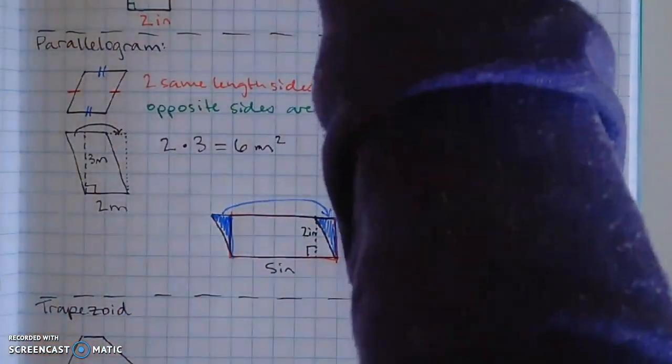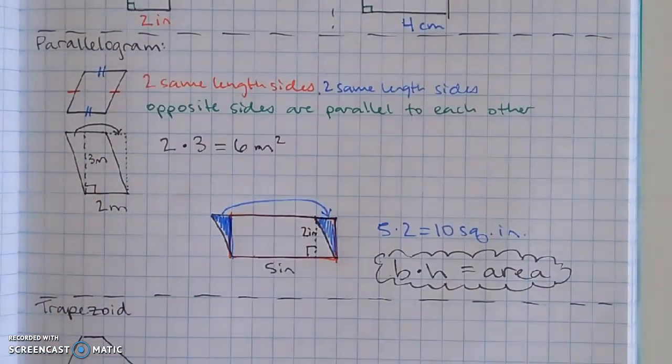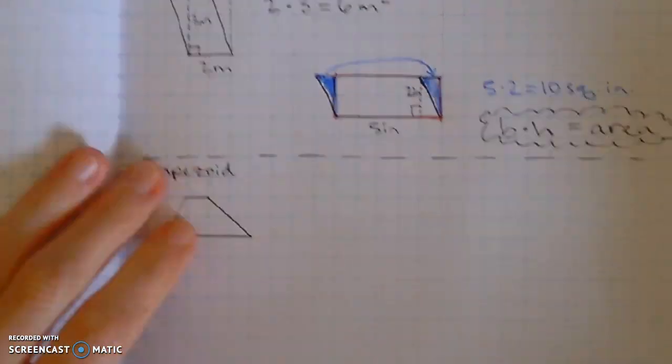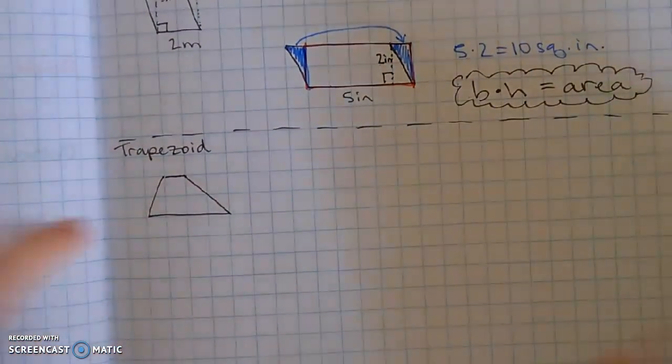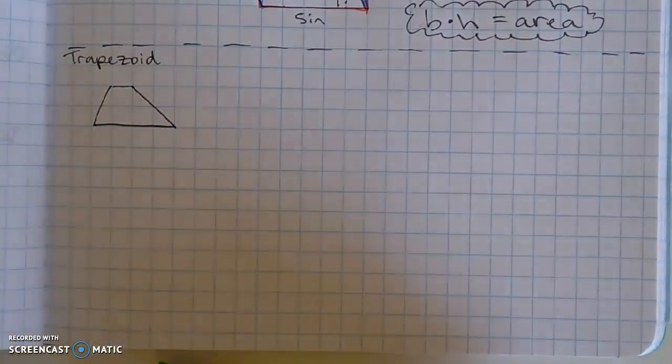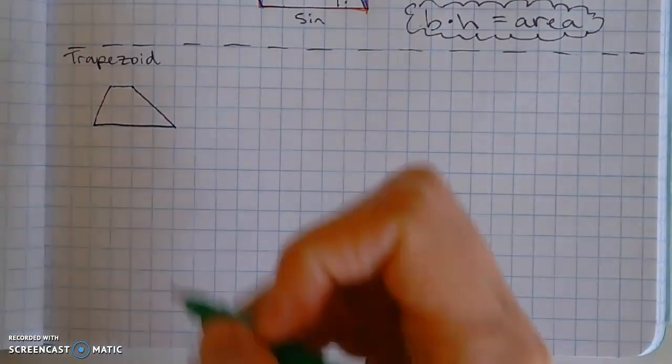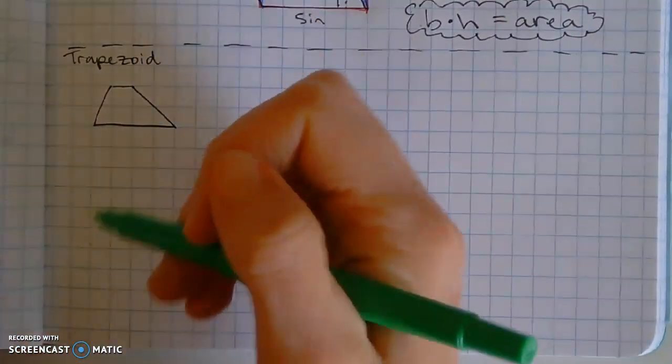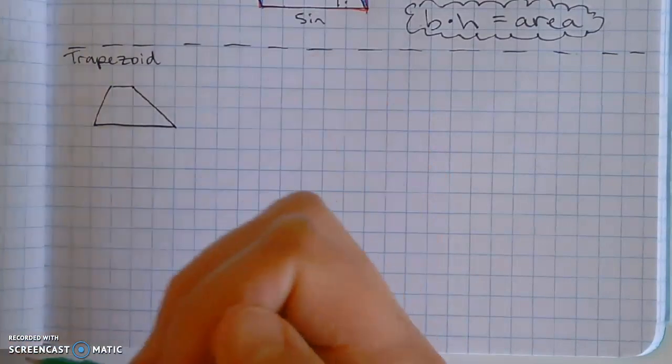Okay, now we're going to get into trapezoids. Trapezoids are a little trickier. They're not quite as simple as a parallelogram. So with a trapezoid, first thing you need to know is it's going to have one set of parallel sides.